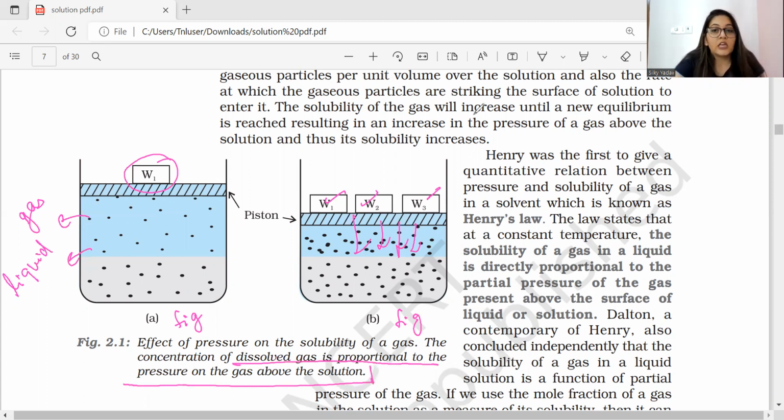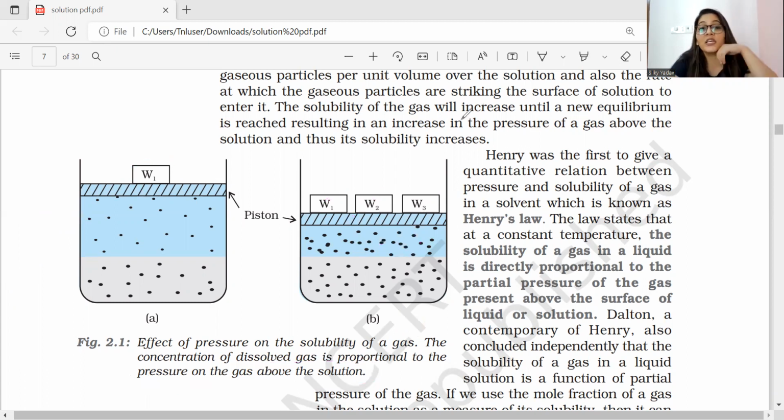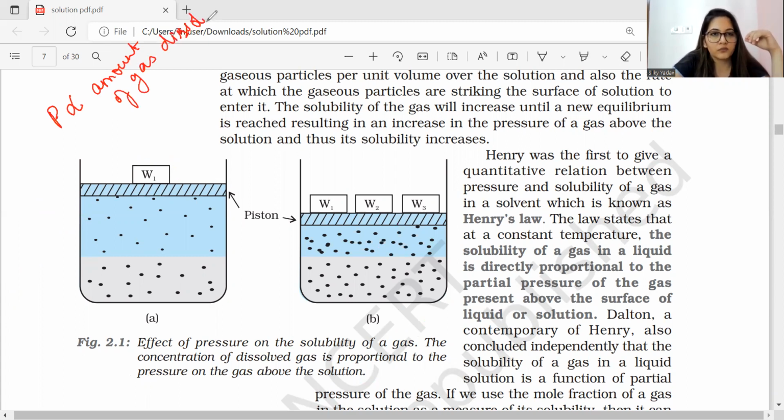That means how much gas will be dissolved in this liquid depends upon how much pressure you are applying. So pressure is directly proportional to the amount of gas dissolved, right? Amount of gas dissolved in the liquid.